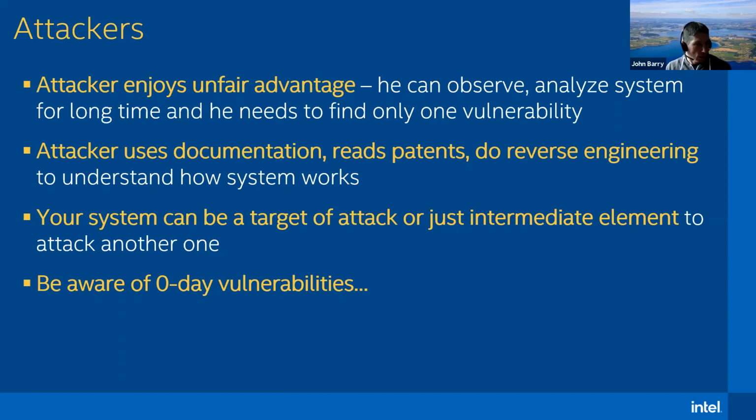The attacker only needs to get lucky once, whereas when you're building a system, you have to make sure that it's robust for every use case, particularly if you're doing something like mass market consumer devices, or communications devices, or products where you're targeting a large marketplace.